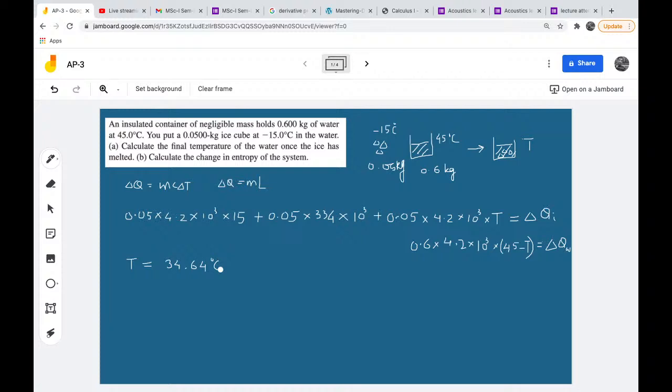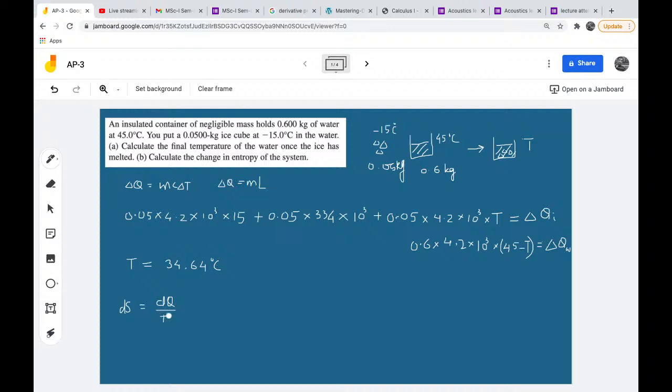Now, coming to the next part, calculate the change in the entropy of the system. So again, how do you calculate the change in the entropy? Let me recall the entropy formula. You know that the change in the entropy, dS, is defined as dQ by T. So if the temperature is constant, we use this formula.